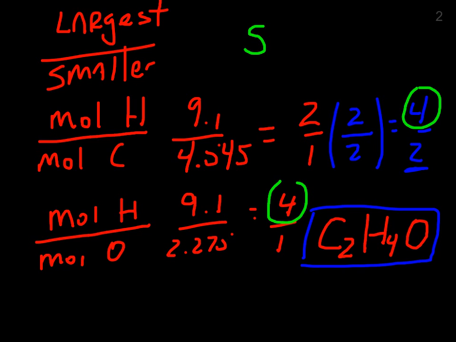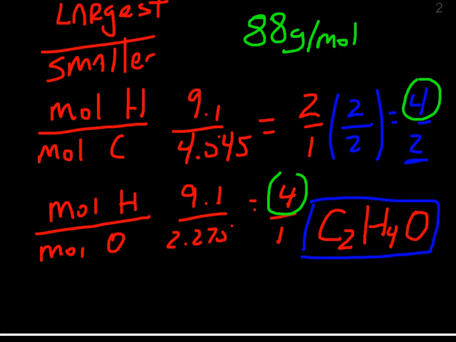Now, go back to that little first part, where I said there was another piece of information. The fact that the whole shebang weighed 88 grams per mole. What I do here now is figure out what the mass of the empirical formula is. I'll rewrite this: I have C2H4O, and I have this other information, the 88 grams per mole, as the molar mass of this molecule.